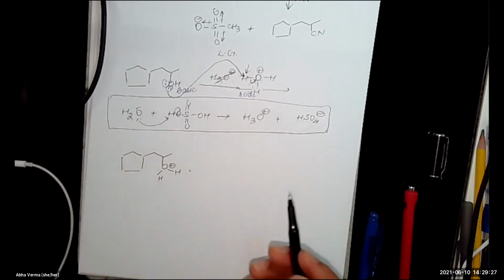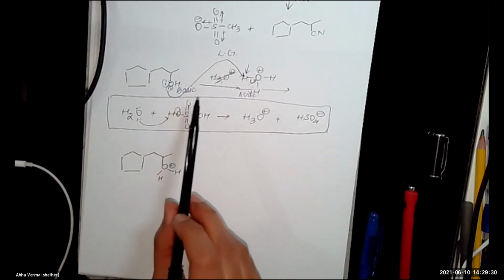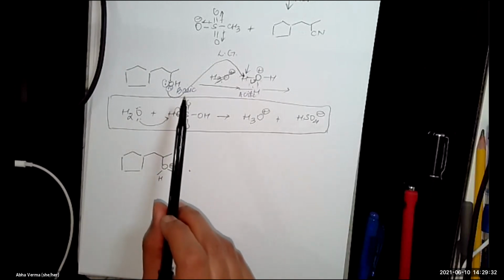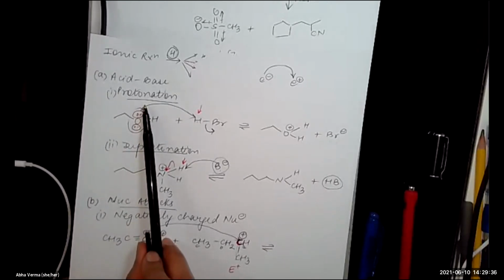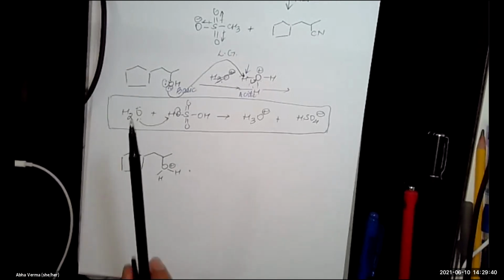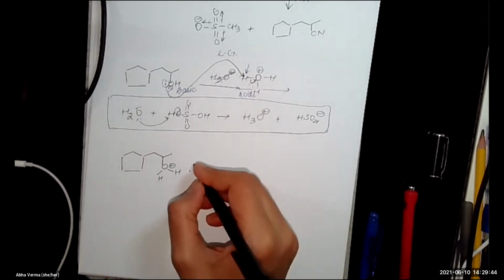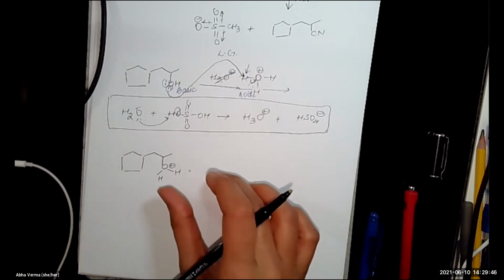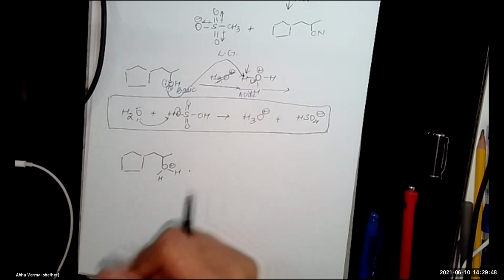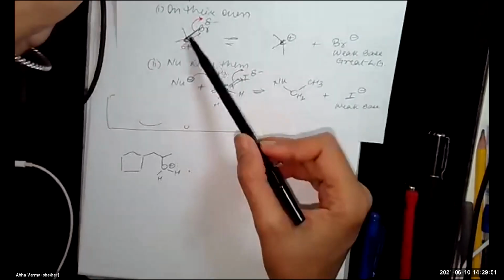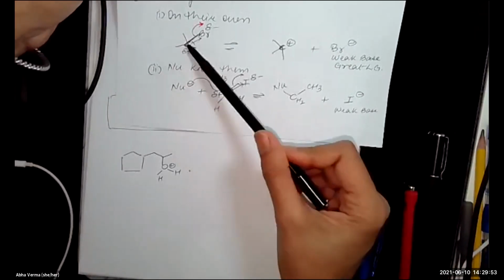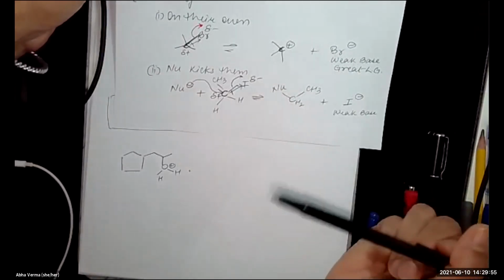So what have we done here? We have repeated the first mechanistic step of protonation. Okay, this is not the leaving group part, this is the protonation part. Now, some of the leaving groups can leave on their own.